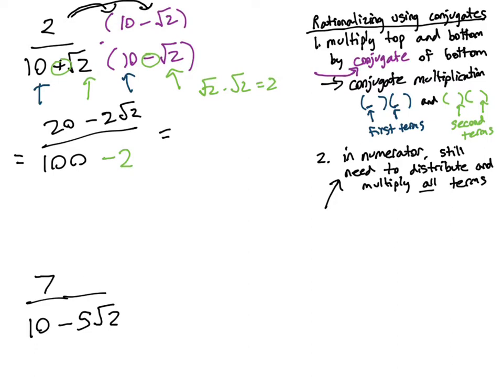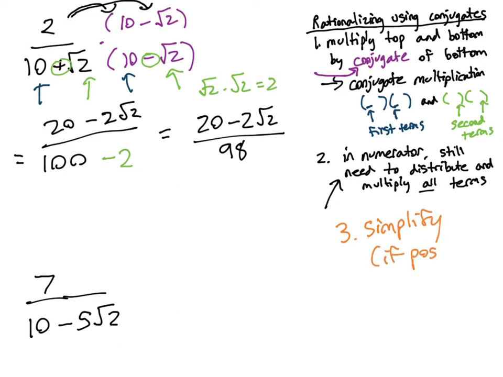Now we can simplify the denominator. 100 minus 2 is 98. And whenever we're dealing with fractions, it's good practice to simplify, if you can, by looking for any common factors that you could divide everything in the numerator and denominator by.